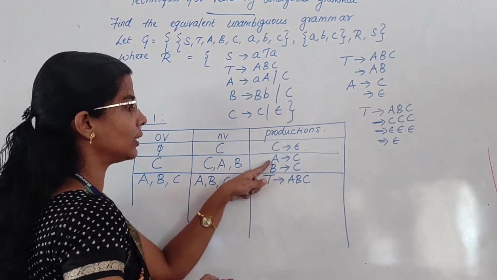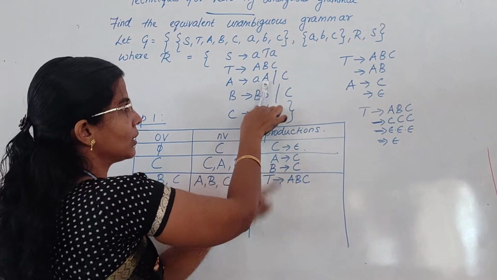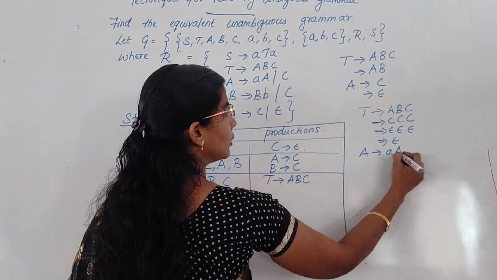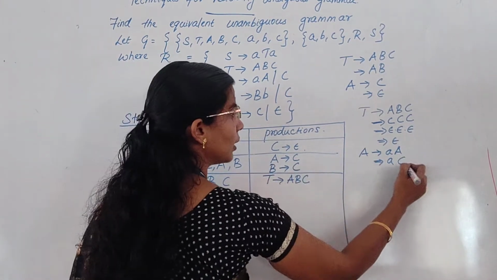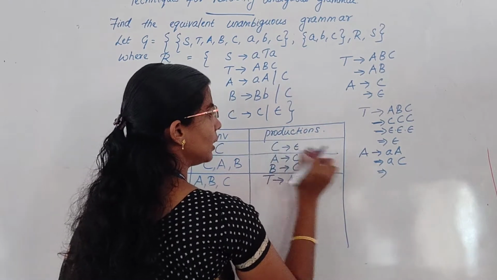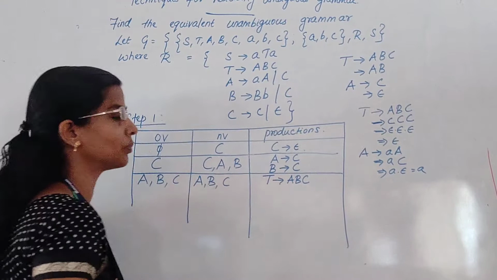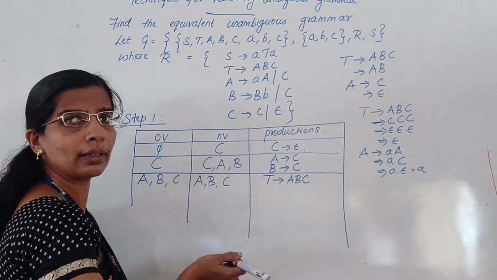Then I am checking for this A variable. So A tends to A. When I substitute, what is A? C. What about C? C is epsilon. So A into epsilon is nothing but A. So I cannot write that production.